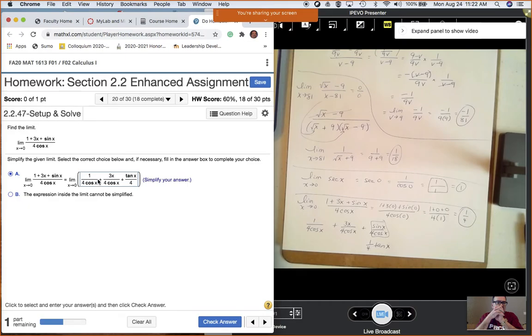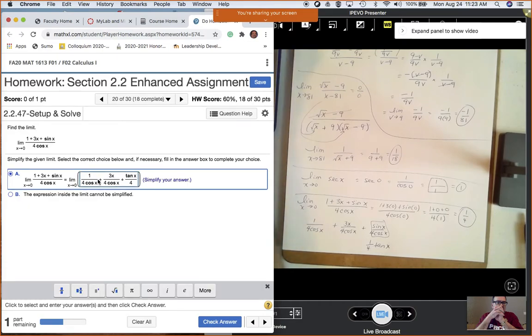Okay. I could write the 1 over cosine as secant, so I could do secant x over 4.